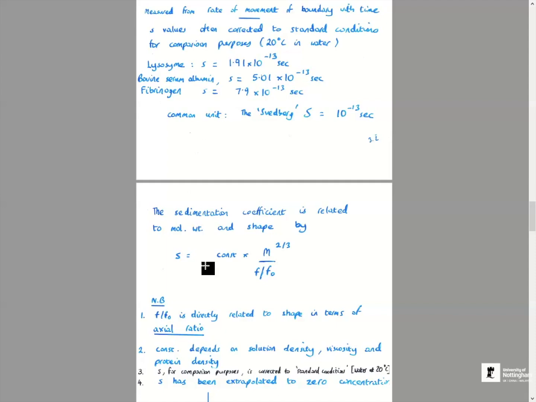F over F naught, this rascal here, is called the frictional ratio.